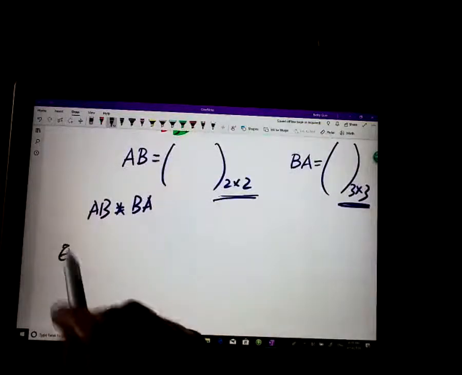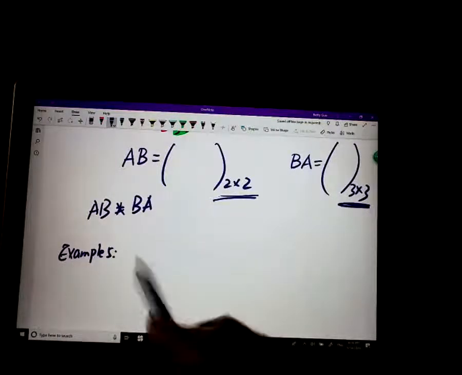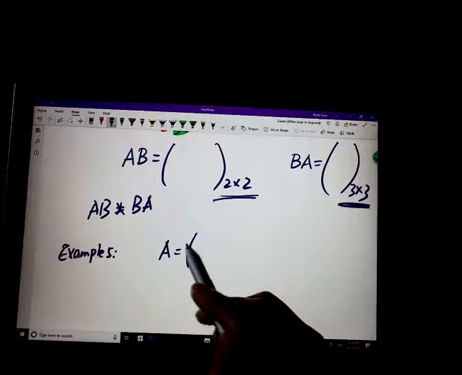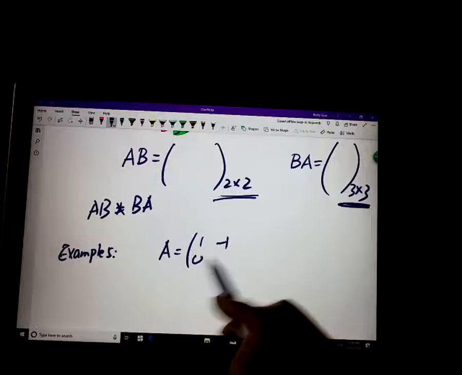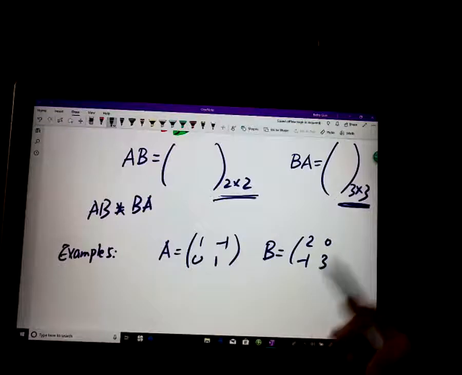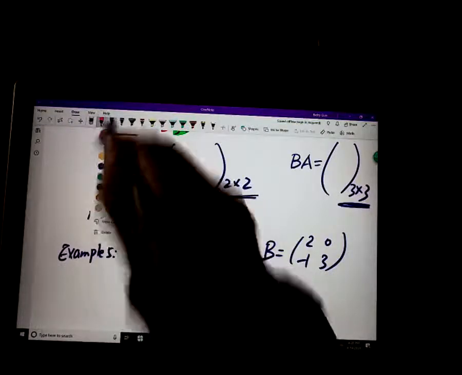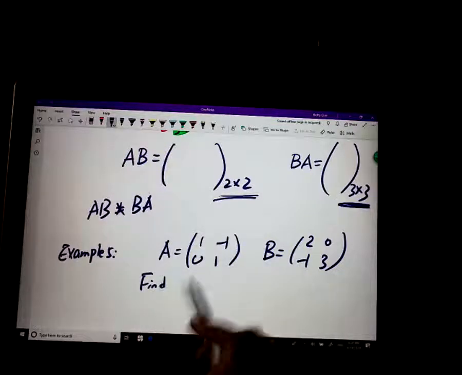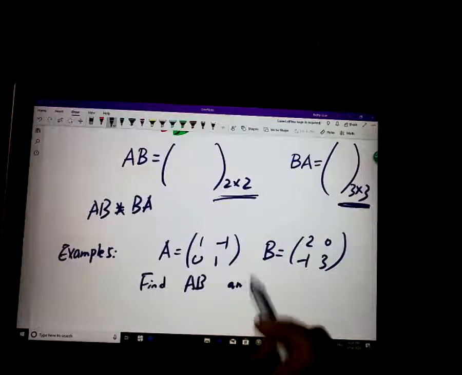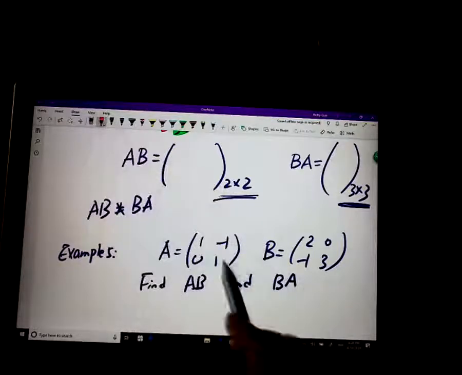Example 5. We have A, a 2 by 2 square matrix. B is a 2 by 2 square matrix as well. We need to find A times B and B times A. Let's see if they are well defined.